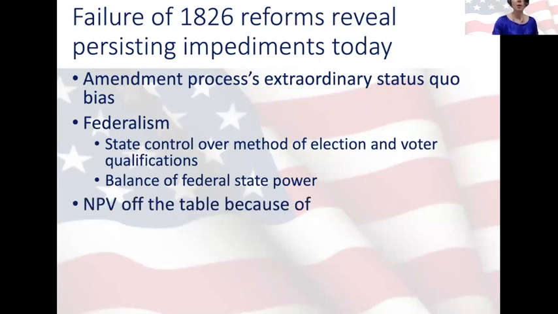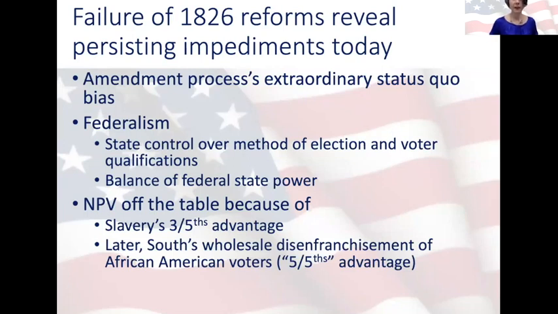Third, the national popular vote is off the table because of slavery's entrenched 3/5 advantage in the Electoral College. Interestingly, post-Civil War and during the South's demolition of Reconstruction, that 3/5 advantage becomes transformed into a 5/5 advantage as the South gets the benefit of all of the African-American people that they disenfranchised between 1890 and 1965.